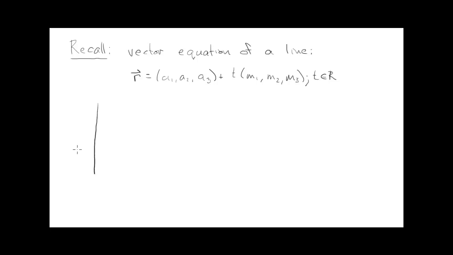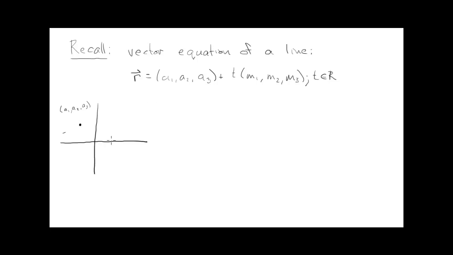Okay, so it was a vector equation of a line in R3. What that meant, drawing it, I'll just draw it in R2, but whatever. What that meant was a1, a2, a3 was a point, and then your direction vector.